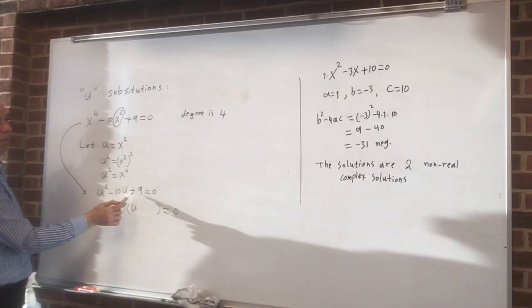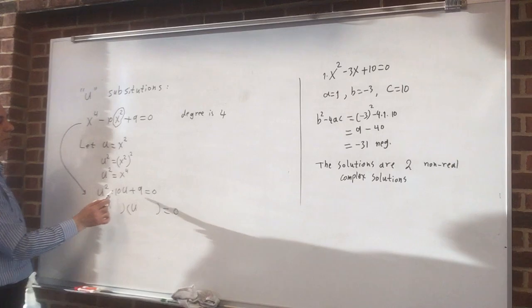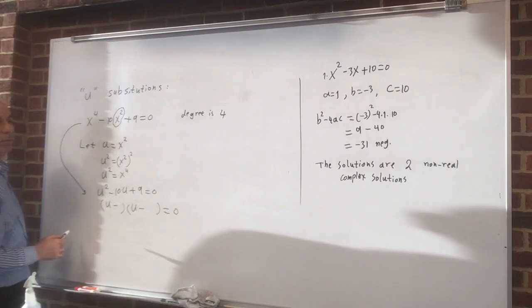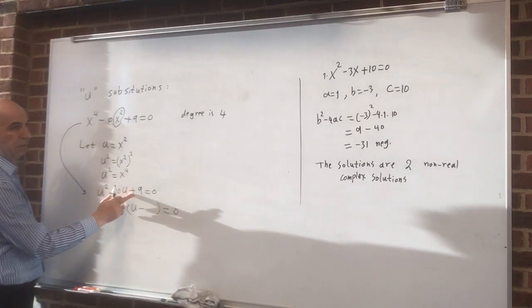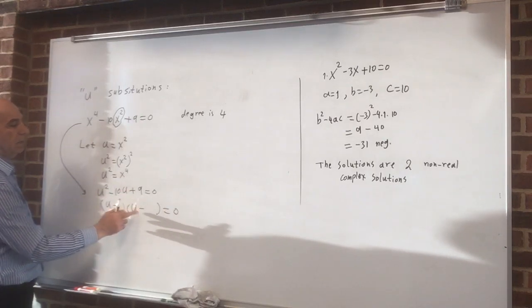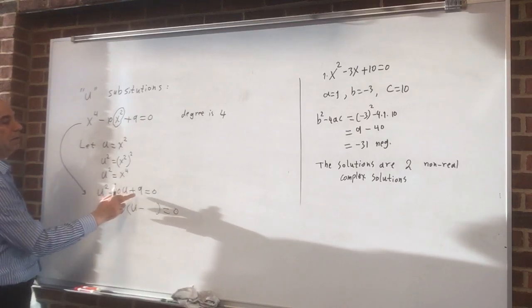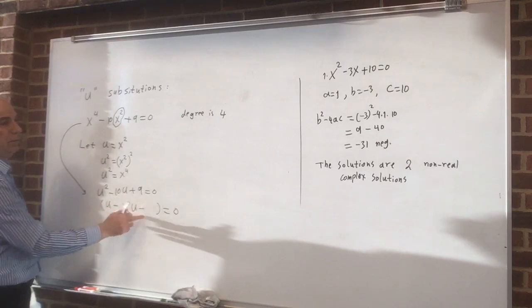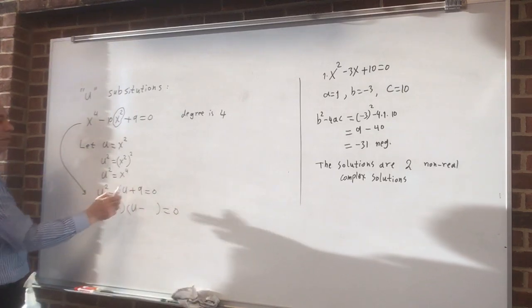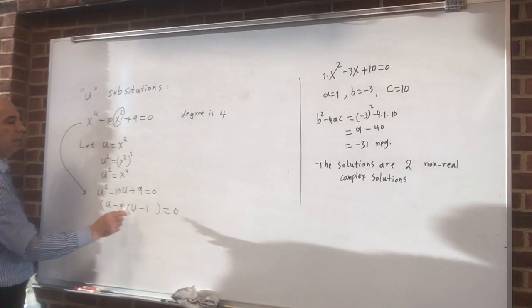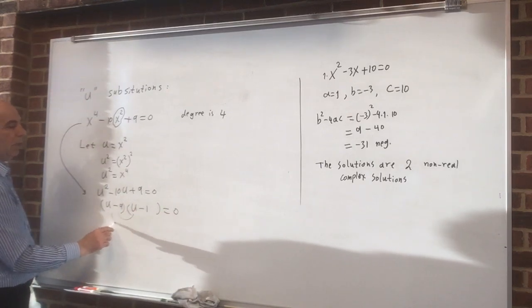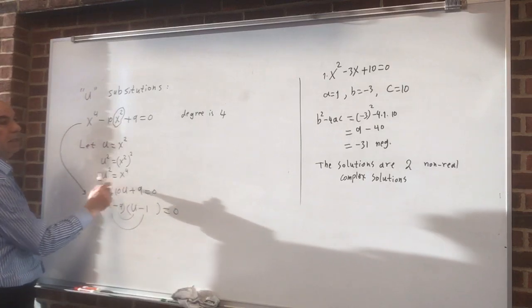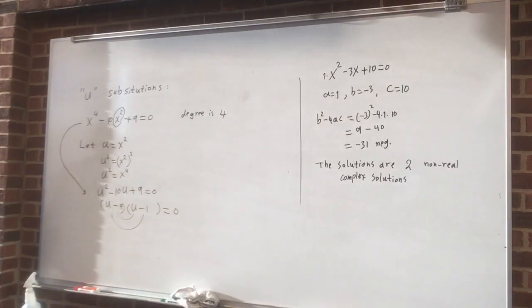Look at the sign for the last term. If it is positive, the signs of the binomials are the same as the middle term. If it is negative, one is positive, the other is negative. 9 is 9 times 1. Let us check: minus 9u, minus 1u, negative 10u, the middle term.